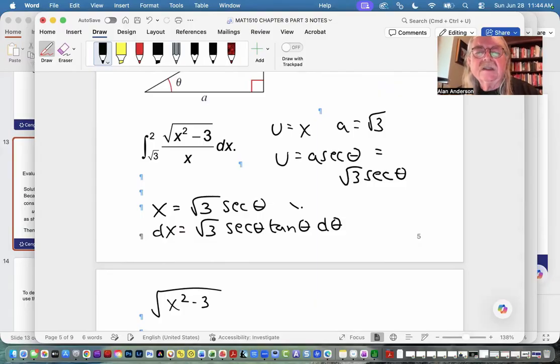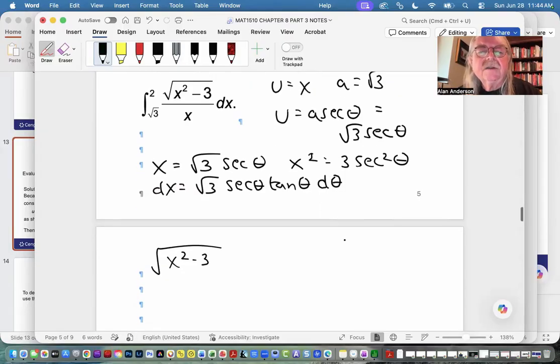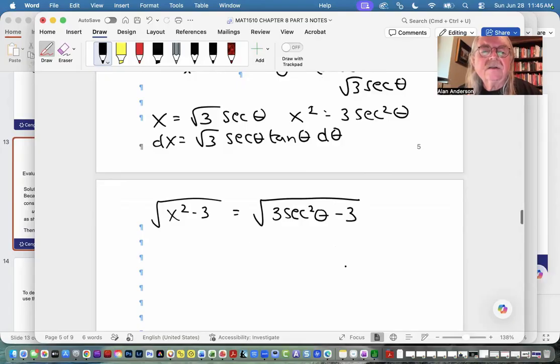Oh, I forgot to write that one down. X squared would therefore be 3 secant squared theta. So this becomes, now there's a 3 there that we can factor out.